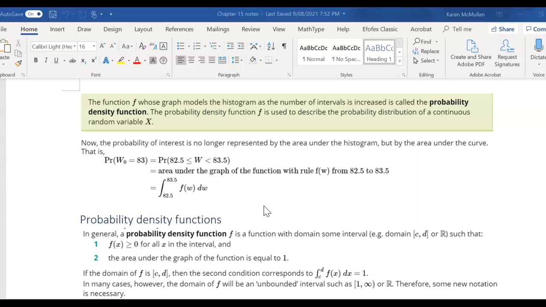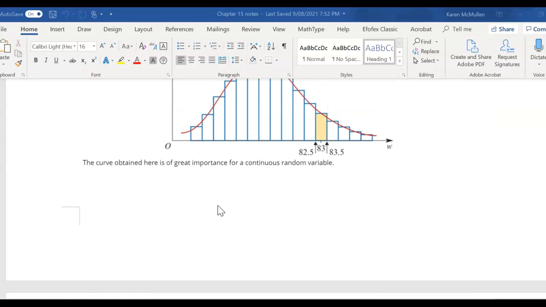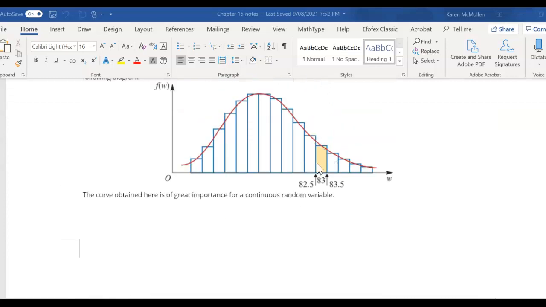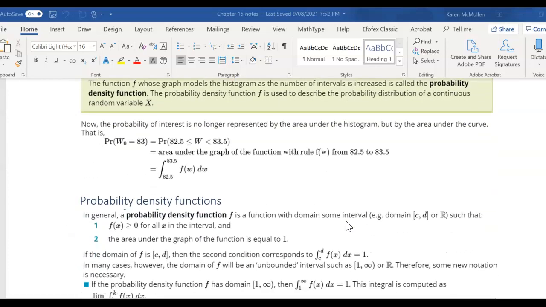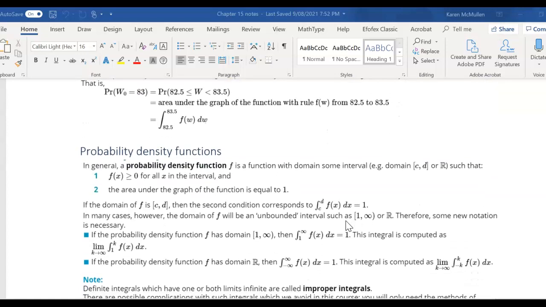You can see here the weight of 83 is within the interval 82.5 to 83.5. So we can use a definite integral to find that area. We don't necessarily have to approximate it using the rectangle. We can use a definite integral to find the exact area. Remember back to when we did definite integrals.